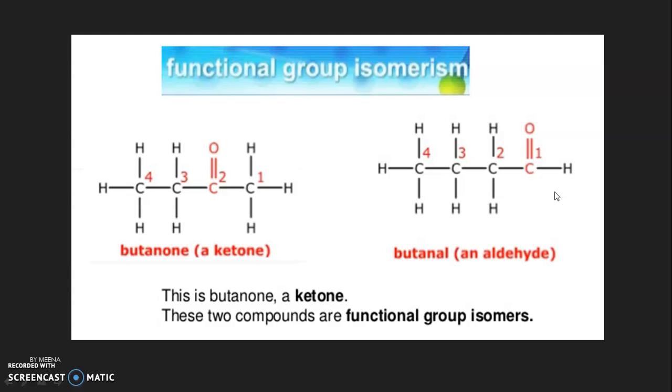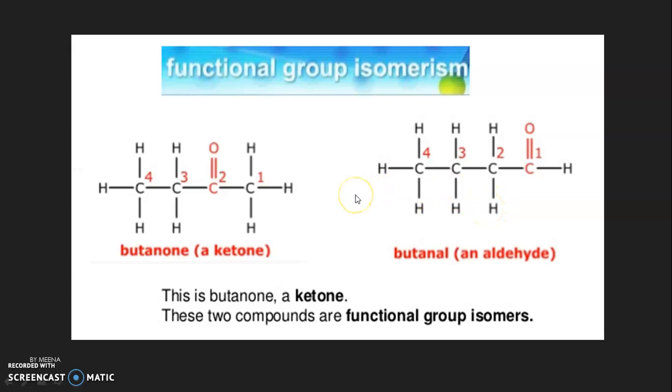Next one is functional isomers. So the functional groups will be different, but the molecular formula will be the same. You can see 4 carbon atoms here, 1, 2, 3, 4, and here also the same, 1, 2, 3, 4. And if you count hydrogen, it will be 8. Here also, if you count hydrogen in butanol, it will be 8.